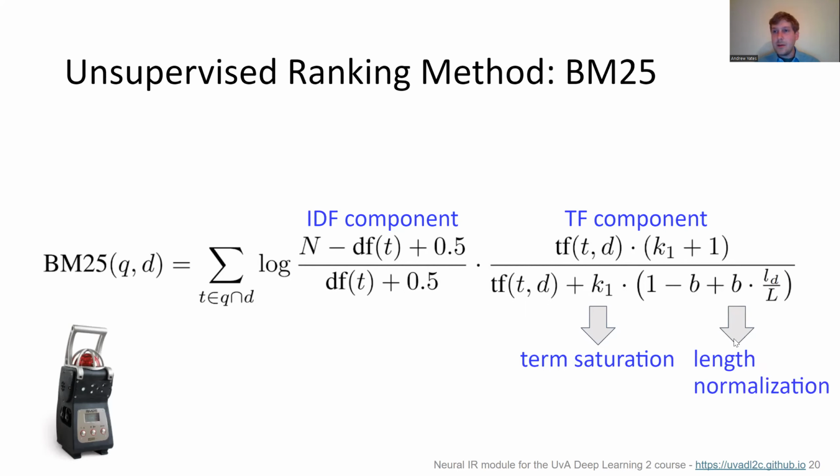B on the right controls length normalization. The idea is that we need some normalization of term frequency by the document length, but it's probably not totally fair to just divide the number of times we see a term by the raw document length, because we're going to really heavily penalize long documents. On the other hand, we do want to penalize long documents somewhat.